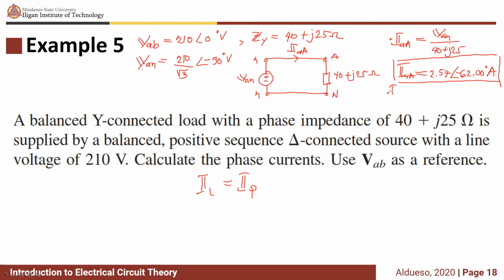Then IBB is equivalent to 2.37 angle of negative 178.00 degrees amperes, and ICC is equivalent to 2.37 angle of 58 degrees amperes.